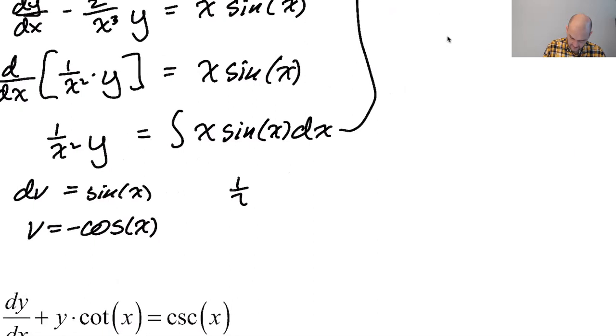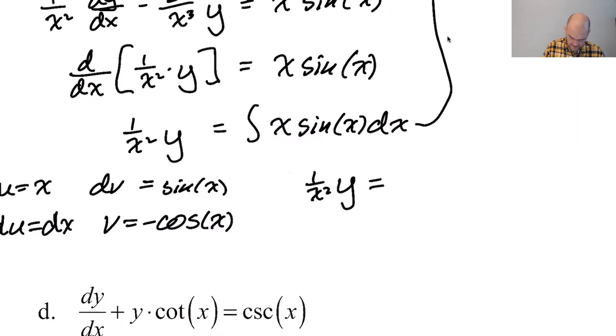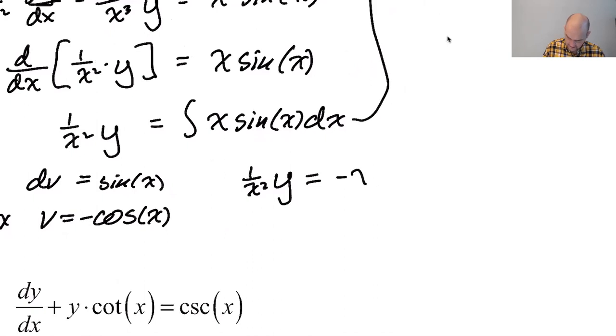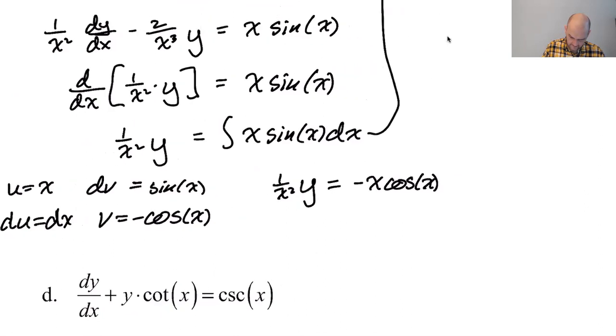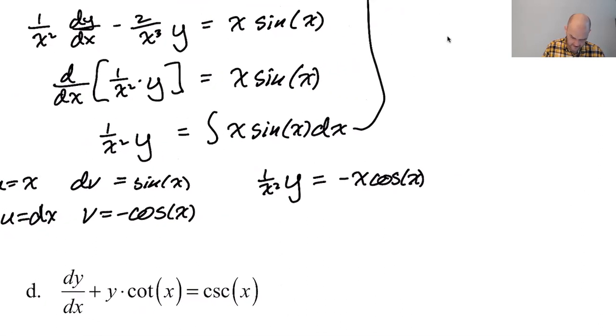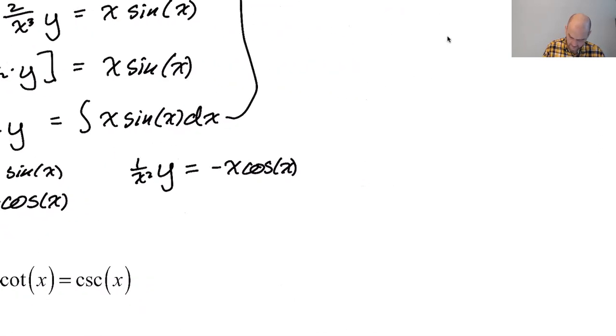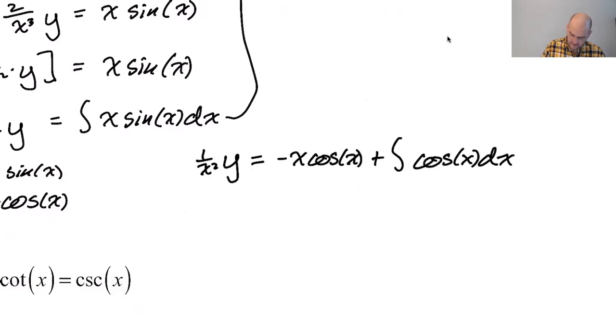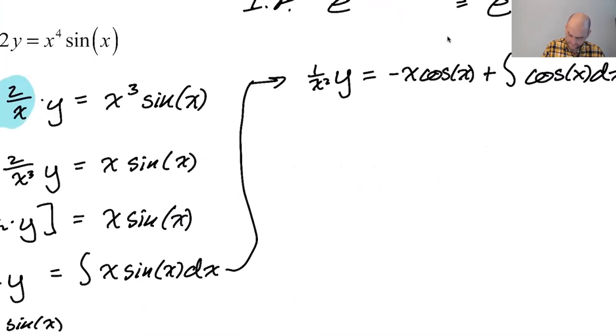So 1 over x squared y equals, so it's uv, so negative x cosine of x, and then minus the integral of v du, so plus the integral of cosine of x dx. And now I'll pick this up and move it. That's an iPad problem.